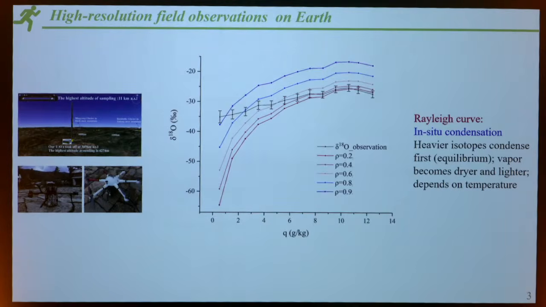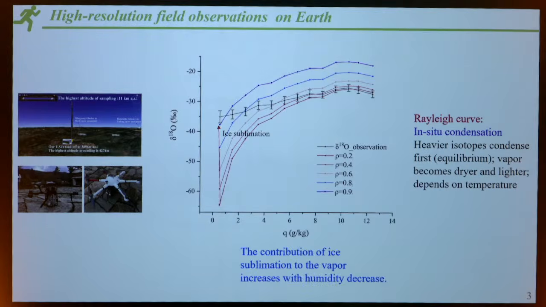It depends on temperature. We can see that the observations align with this Rayleigh curve when the humidity is high at low altitude. Then they lie above the Rayleigh curve. It's likely due to ice sublimation, because the heavy isotope condenses first, so the ice crystal is rich in heavy isotope.